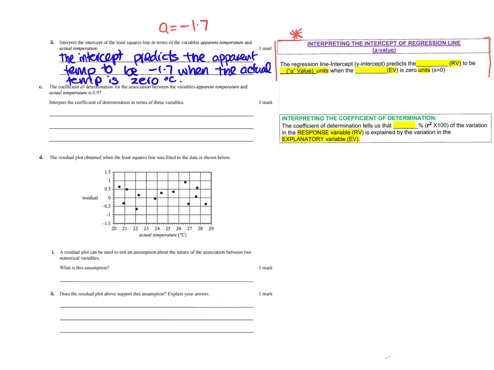So I might put Celsius up there too. Okay, so I'm just using this statement here that I've gone to my notes and I've found it. And then the next one has asked me to interpret the coefficient of determination. So that's the R squared.